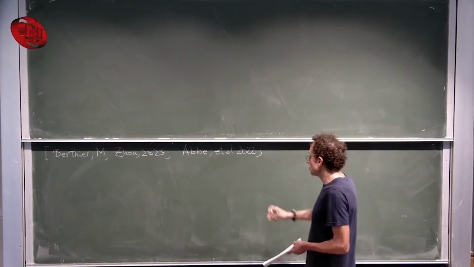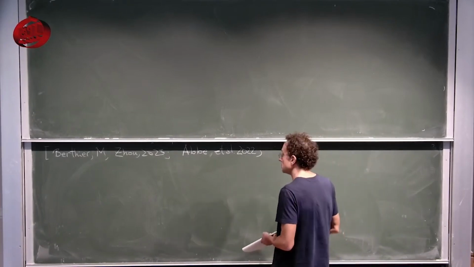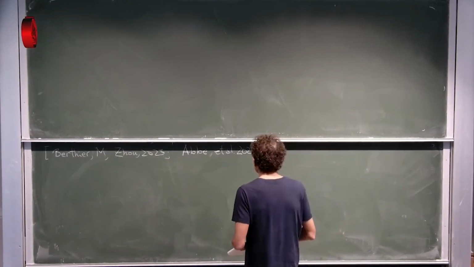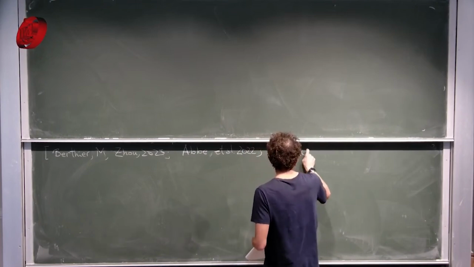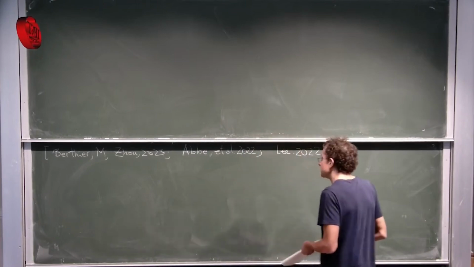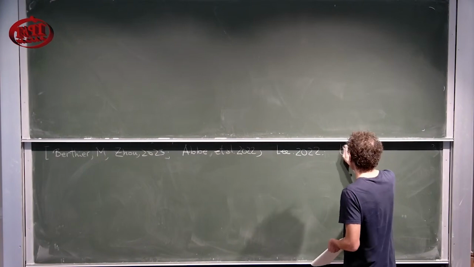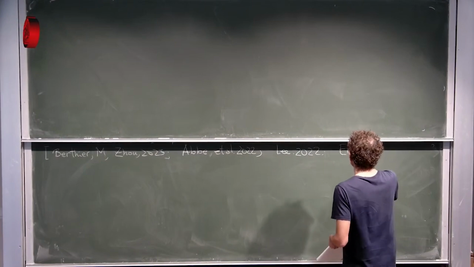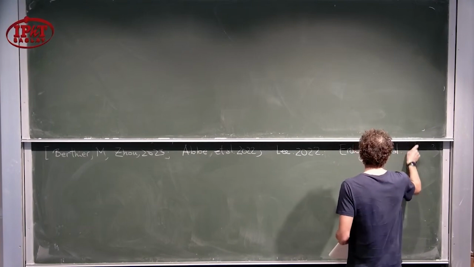Then they looked at more general polynomials, at sparse polynomials. Then there is a paper by Jason Lee and co-authors at Princeton, putting the dates a bit randomly. There is a paper by Murat Abdu et al.